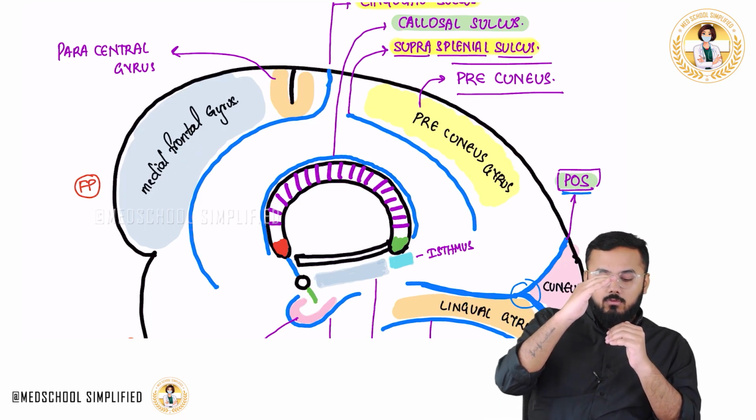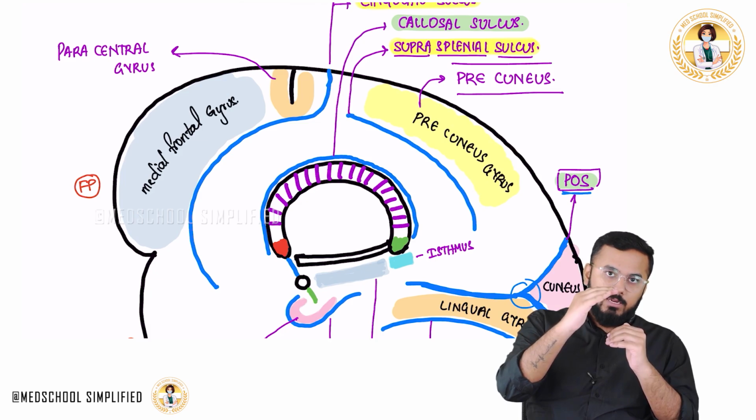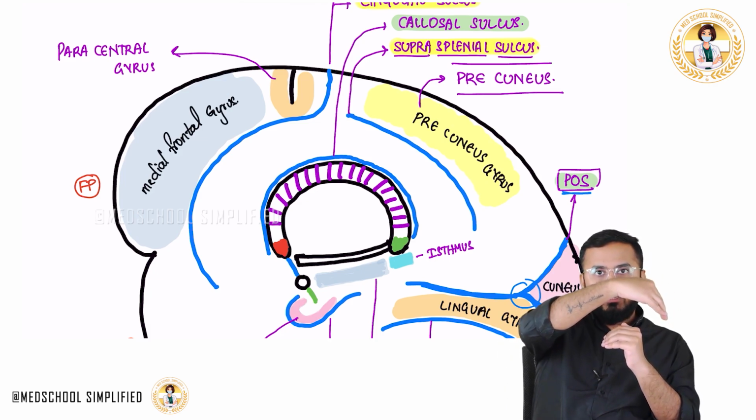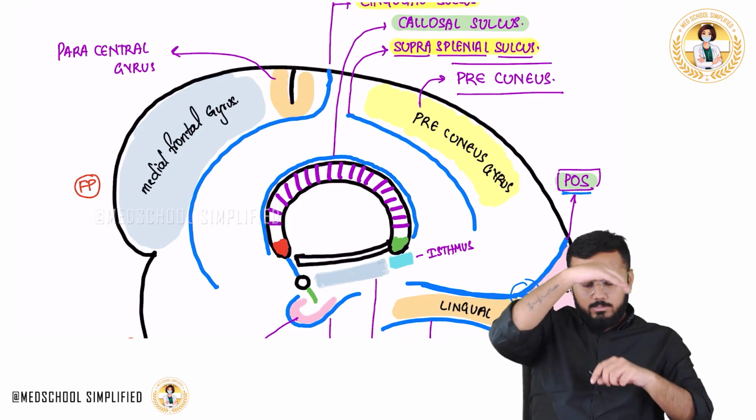Here I have got what? Here I have got suprasplenial sulcus, and here I have got cingulate sulcus. So, in between both of my hands, you see a space, right?